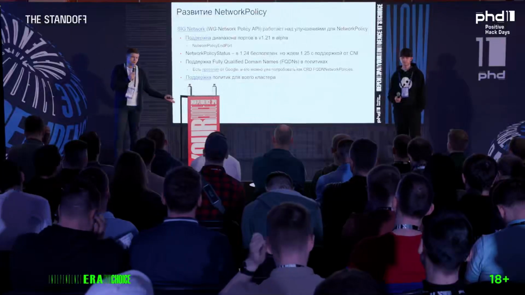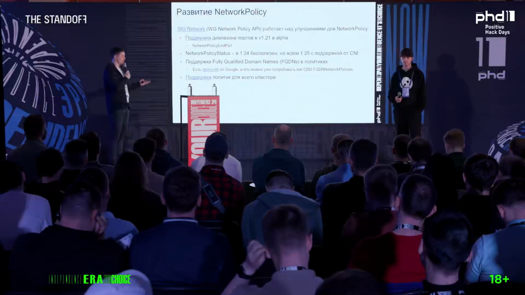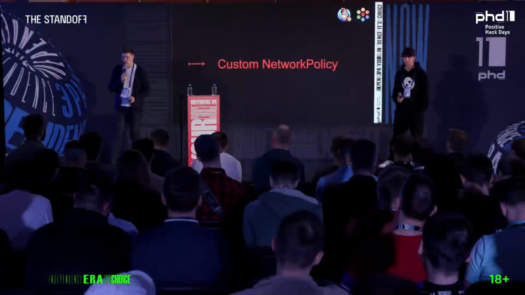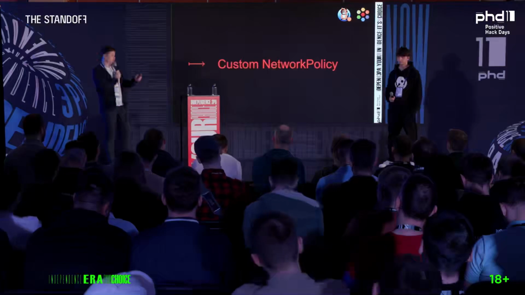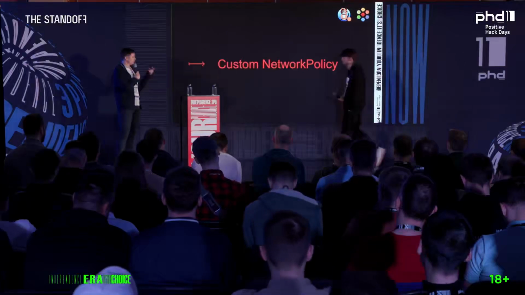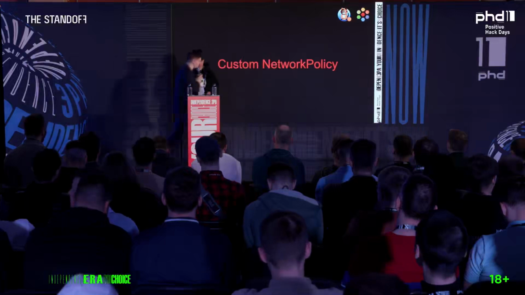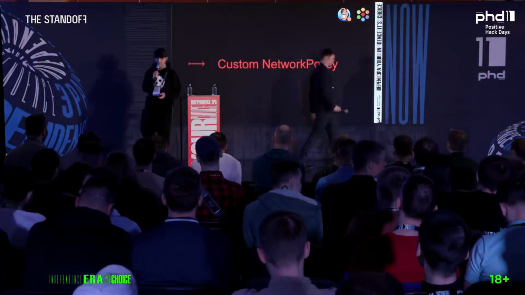You want this microservice with this particular label to go to this, and that. And cluster-wide policy applied to any kind of microservices irrespective of namespaces would be a good way for it. The constraints are known, so Sergey is going to tell you what they're doing about it. Yes, I'm going to tell you about overcoming the constraints of native policies.